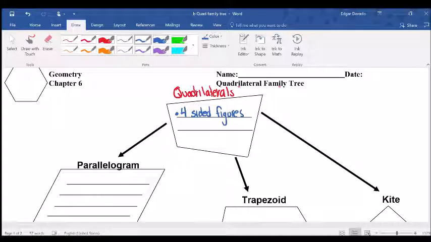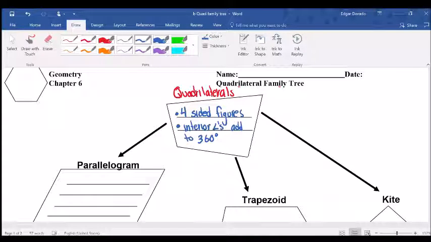Okay, so that's definitely one fundamental characteristic of quadrilaterals. Second fundamental characteristic here is that the interior angles of all quadrilaterals will add to 360 degrees.